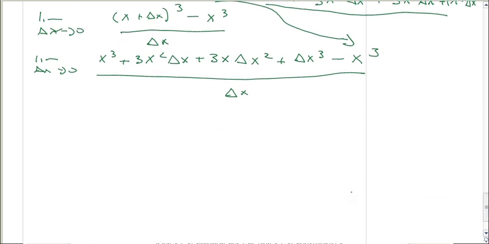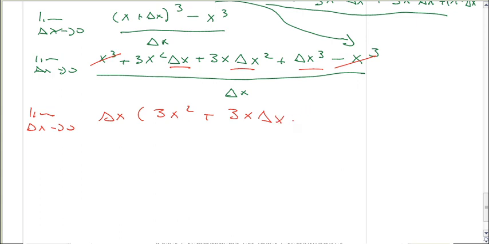If I plug in a 0, unfortunately, I get 0 over 0. So let's see if anything cancels out. The x cubes are gone. They cancel out. Anything else? Unfortunately, no. However, the nice thing is they all have delta x in common, so I can factor one out. So limit as delta x approaches 0 of delta x times 3x squared plus 3x times delta x plus delta x squared all over delta x.